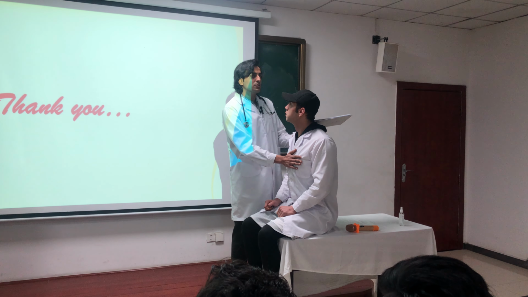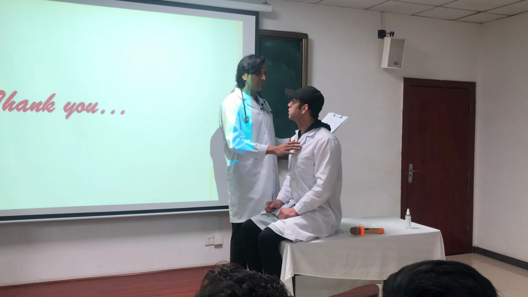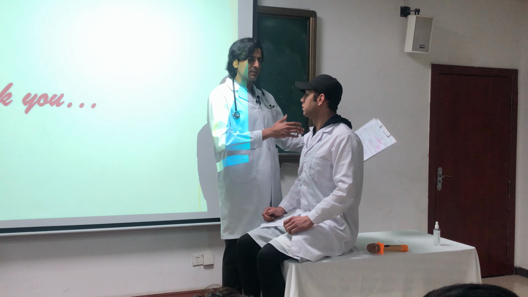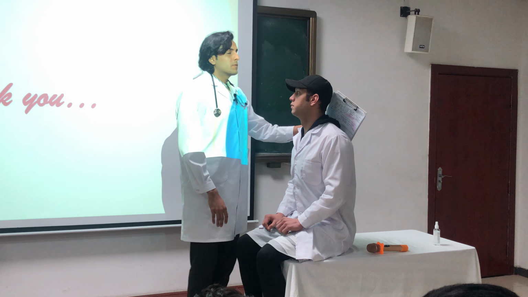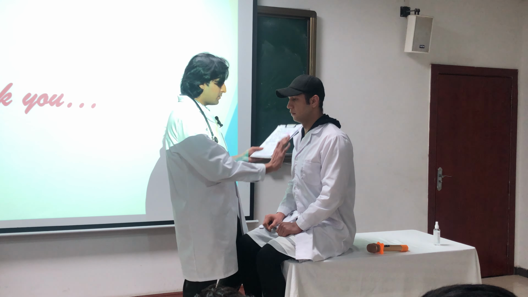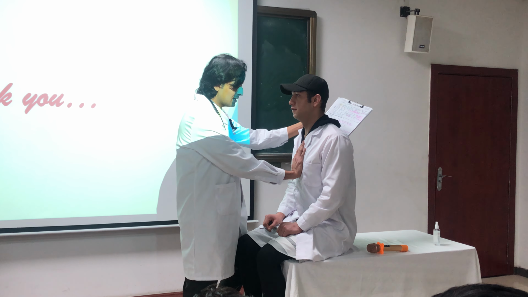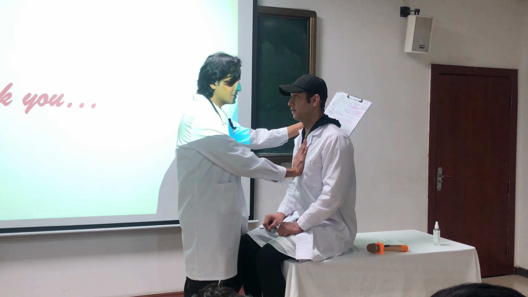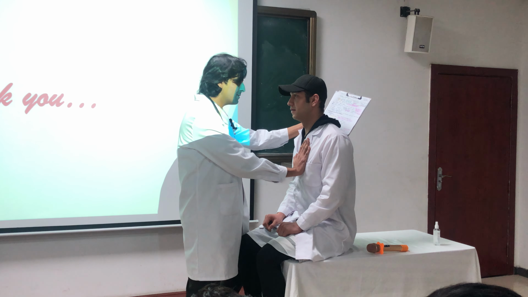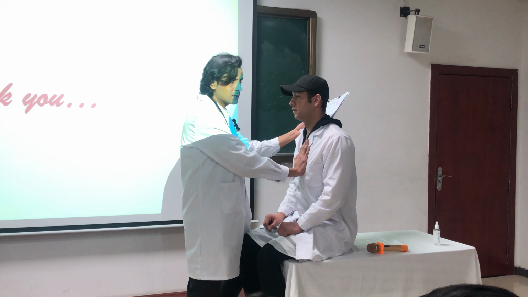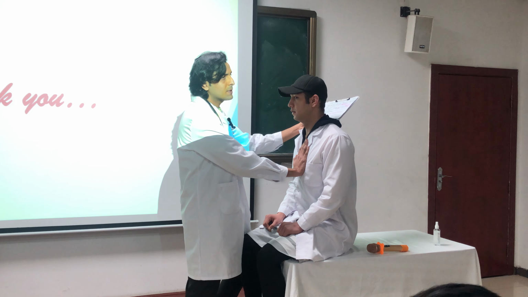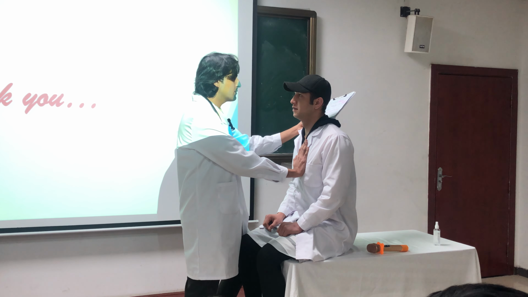And then we have to check for parasternal heave, but the patient should lie at an angle of 45, but we don't have the bed. So for parasternal heave, we have to place our fingers in the 2nd to 4th intercostal space, left sternal edge, to look for parasternal heave. Parasternal heaves are present in right ventricular hypertrophy.